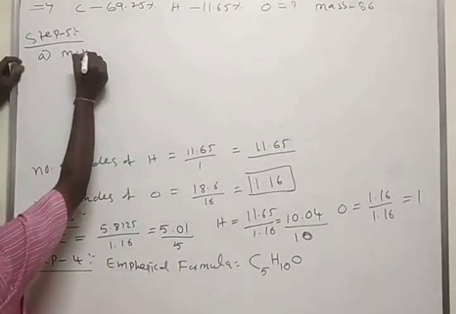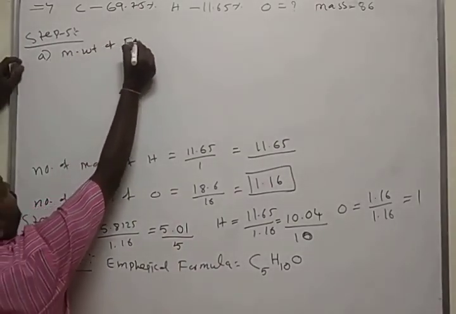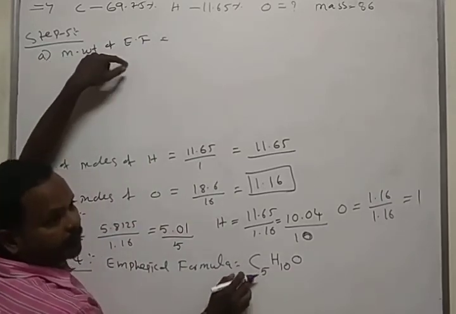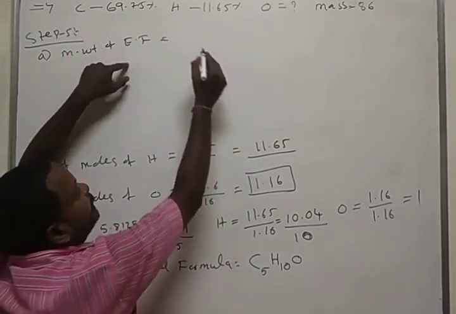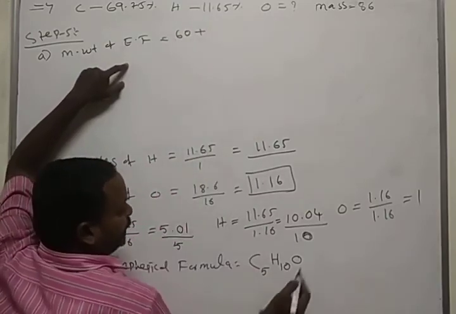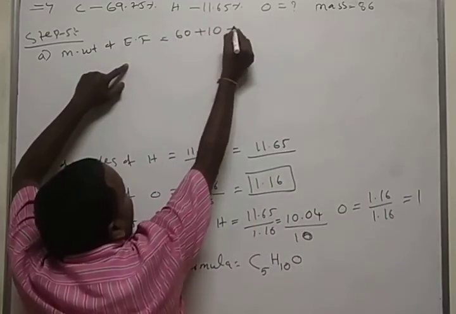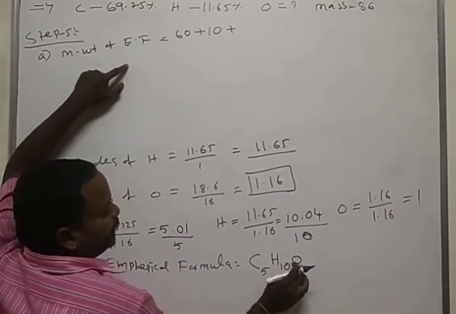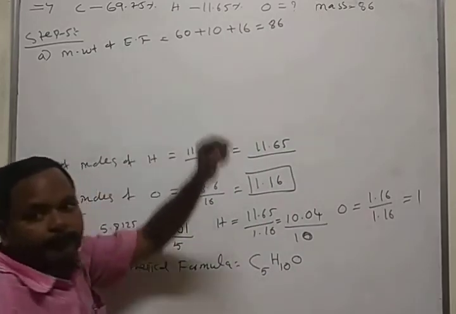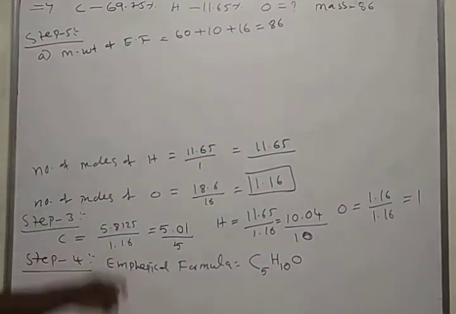How many carbons are there? 5. 12 fives are 60, plus 10 hydrogens, plus 16 for oxygen, total 86. This is the molecular weight of the empirical formula.